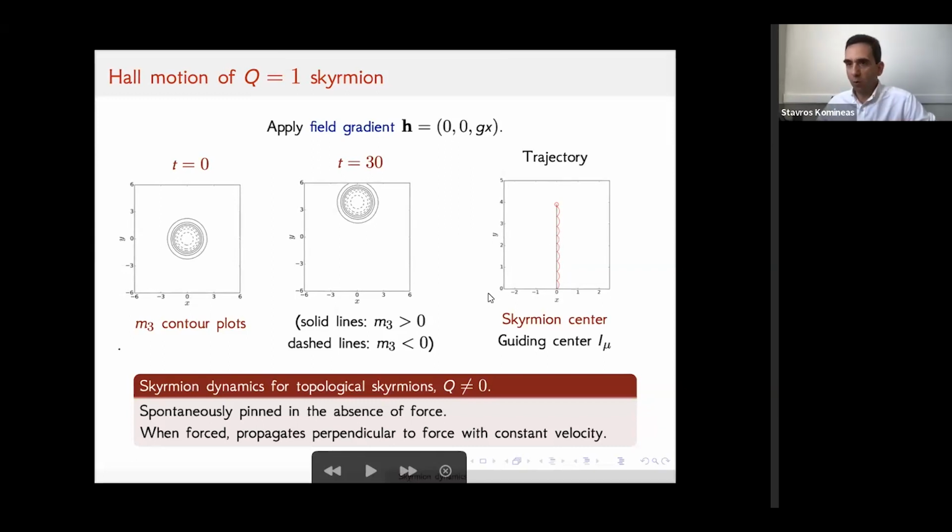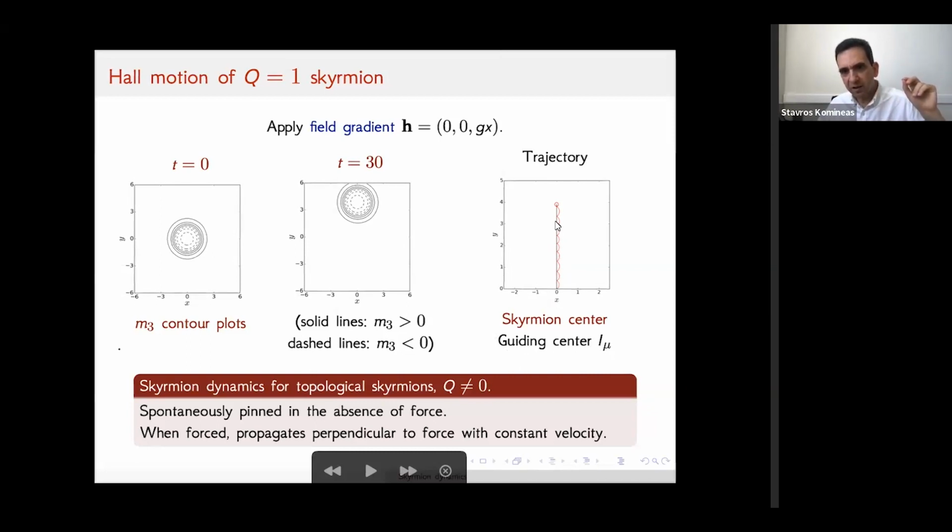Now, the moments of the topological density that I showed earlier, I said they do not change in time, they are constant in time. Now that you apply a force, these moments are not constant in time, but they change in a very precise way.